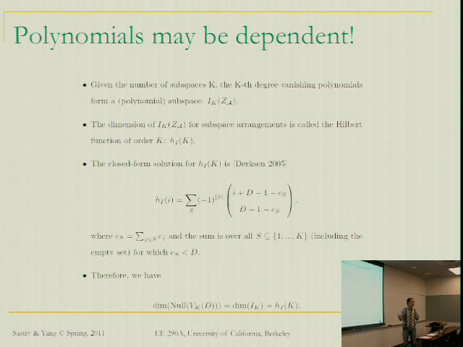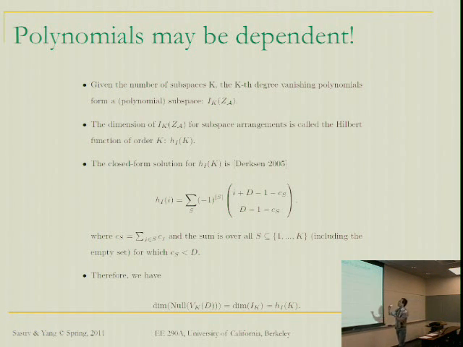Based on the table, you can derive some conjectures for the closed form solution. And then finally, this closed form solution was proved by Dirksen in 2005. So you can see that this is a fairly new result, which tells you that the underlying problem is much deeper than we originally thought. It's not an easy problem to solve.